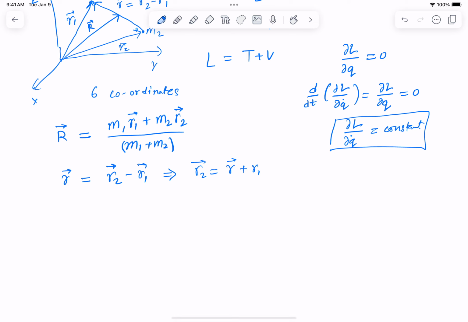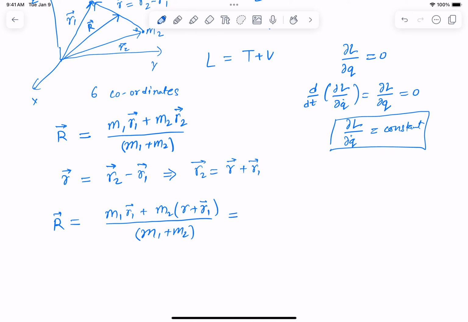r plus r1. Okay, and now we can substitute that in our first equation, which will give capital R equals m1 r1 plus m2 times (r plus r1), divided by m1 plus m2, or we can further write it as m1 r1 plus m2 r1. So we have an m1 r1 here and also an m2 r1.